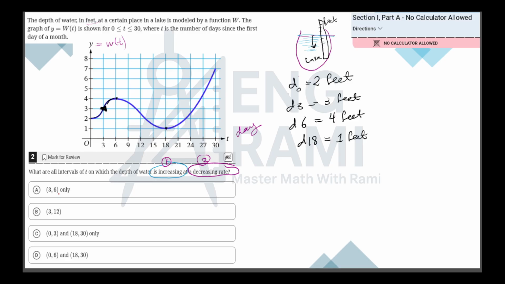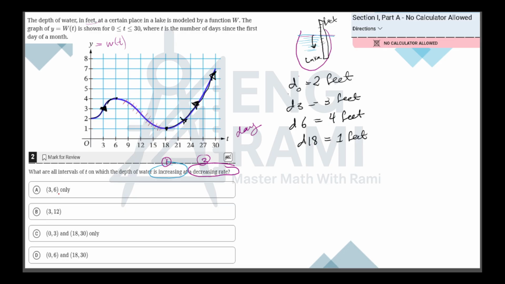And also from day number 18 until day number 30, there will be increasing, as you can see. From 0 to 6, the amount of water inside the lake increases. Also from day 18 until 30, it increases. And the interval from day 6 to day 18, there will be decreasing of water.